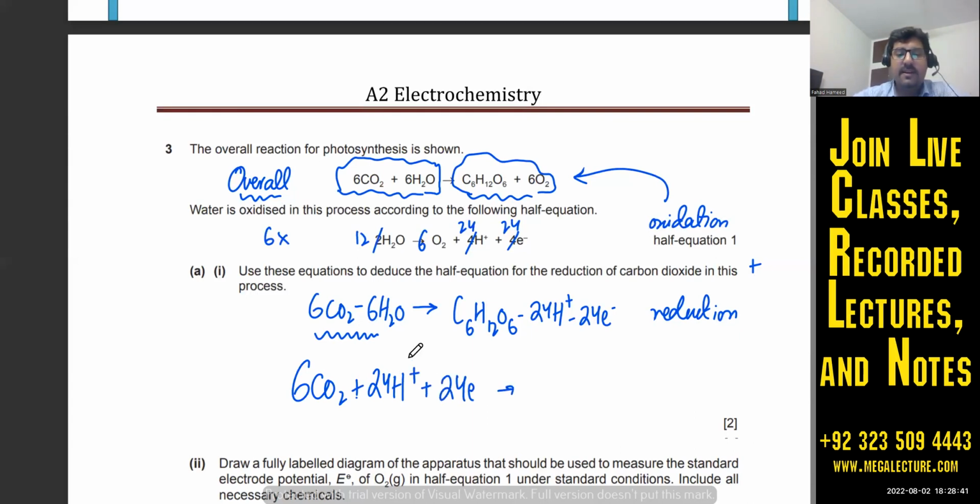And in my product side, I'll have glucose, which is C6H12O6. Okay, minus 6H2O to the other side, that's plus 6H2O. So that is the missing half equation.